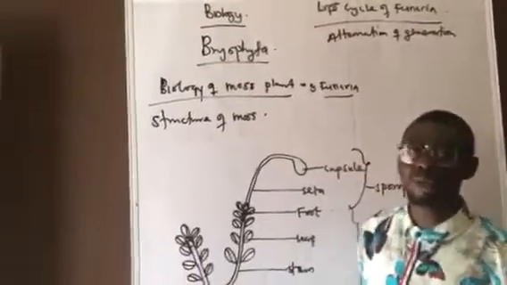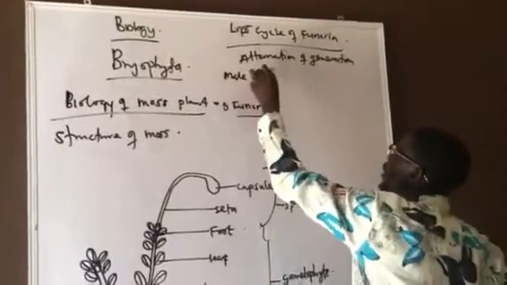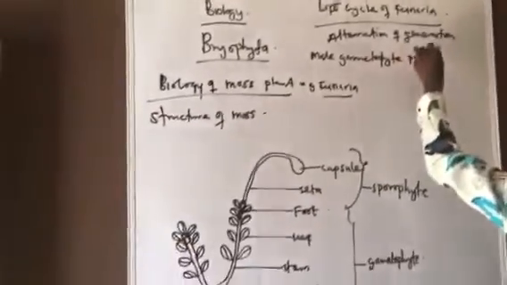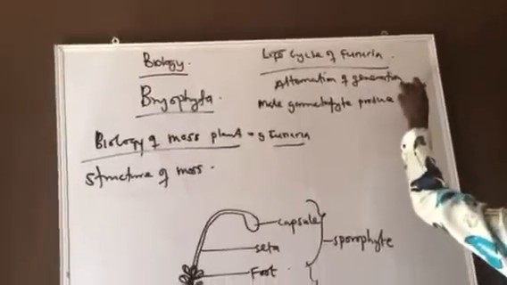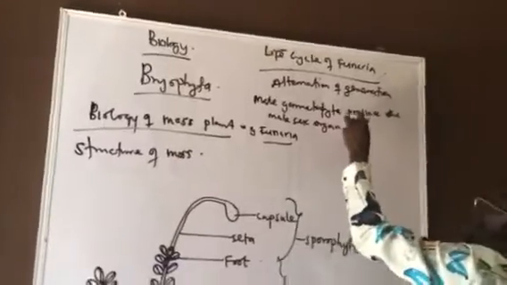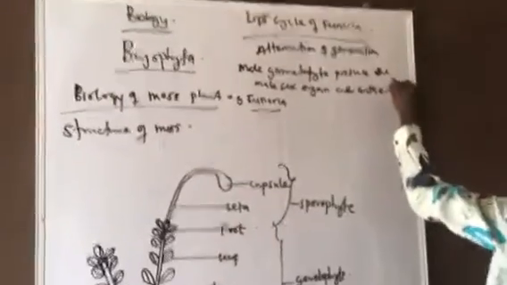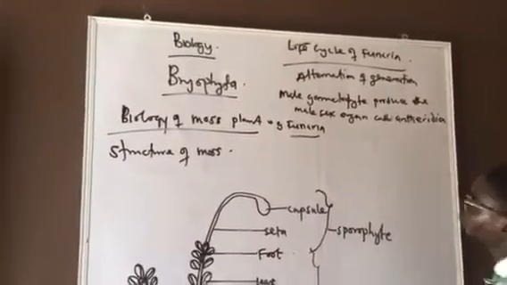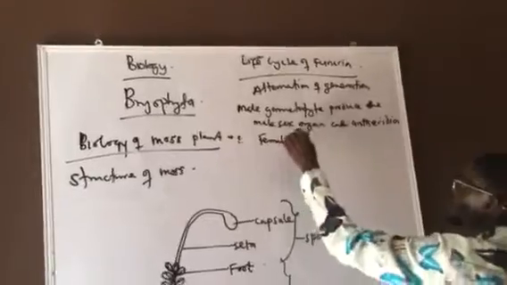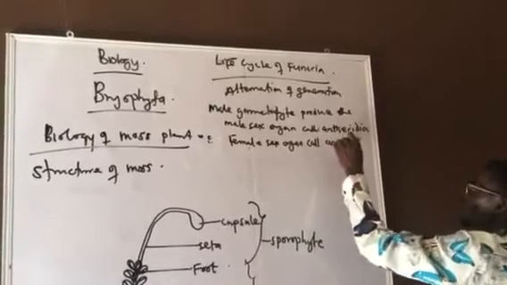So in moss, we have the male gametophyte and the female gametophyte. The male gametophyte produces the male sex organ, called antheridia, while the female gametophyte produces the female sex organ, called archegonium.